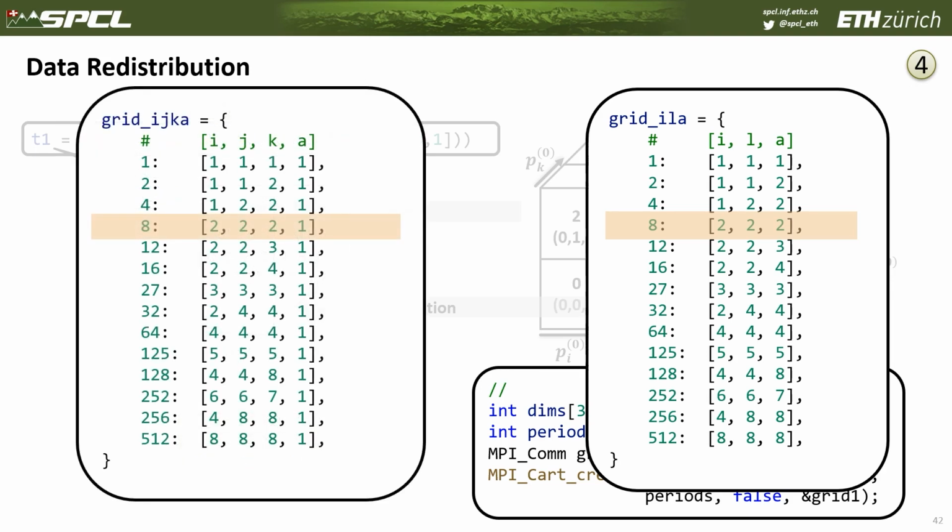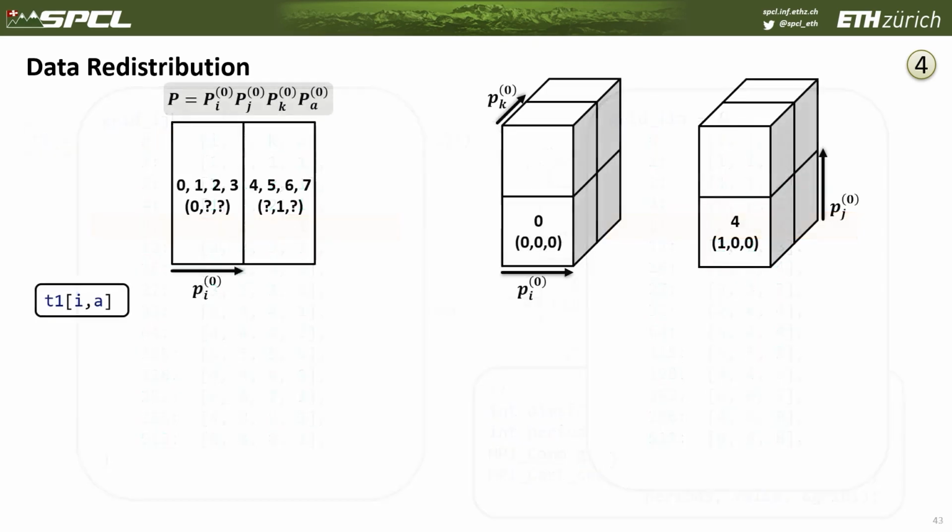And if we look at them, we will see that they're actually not compatible, because in the first process grid the length for the variable a is 1, while in the second one it is actually 2. So this means that after we complete the first group of operations, the distribution of T1 is not compatible with the second grid. So we need to redistribute.